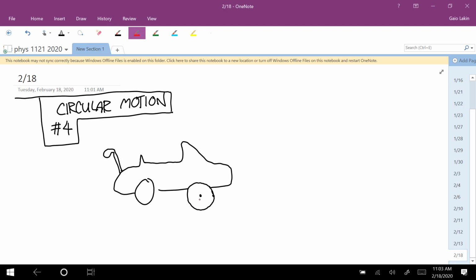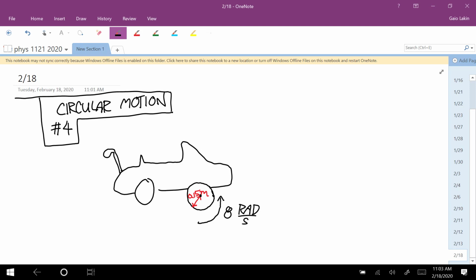Okay, so the radius is 0.15 meters. It rolls along flat ground. The wheels rotate counterclockwise at 8 radians per second. Okay, I guess it's going in reverse. So counterclockwise at 8 radians per second.